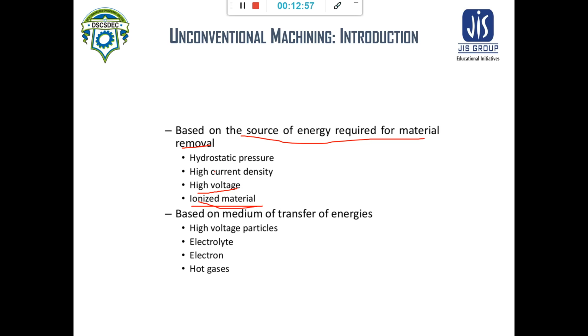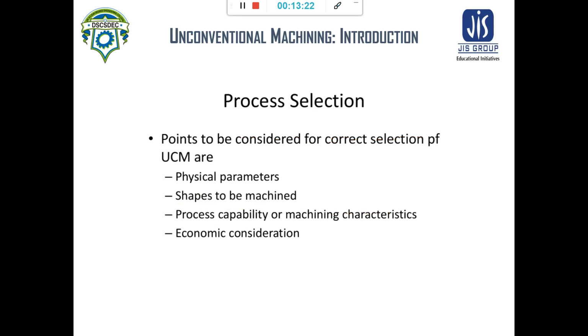These are the types of energy that are required to remove the material. So now next, based on the medium of transfer of energy, how the energy is transferred, high voltage particles, electrolyte, electron and hot gases are the types of unconventional machining processes.